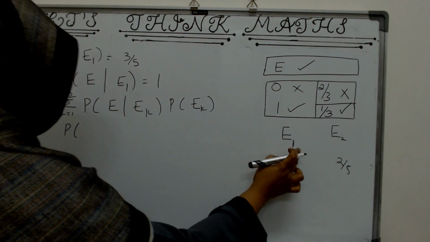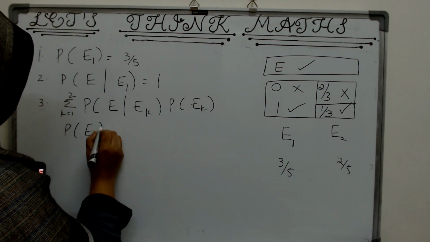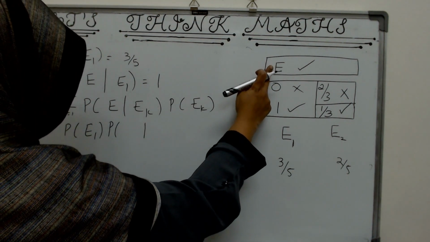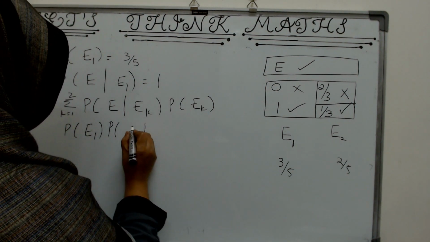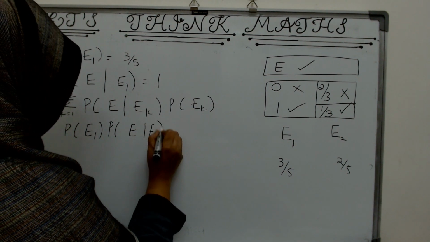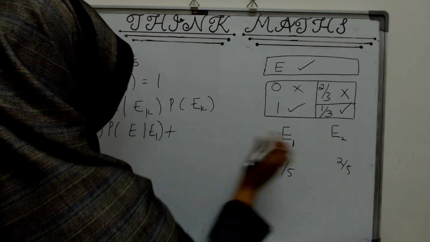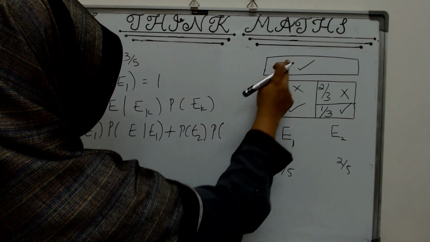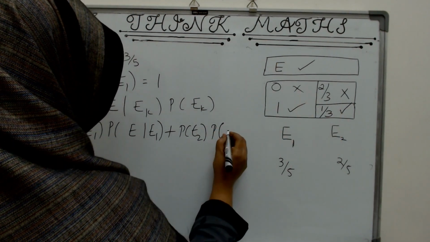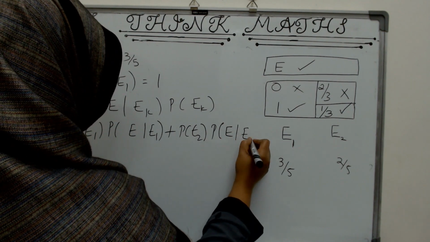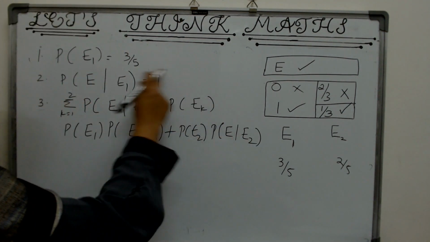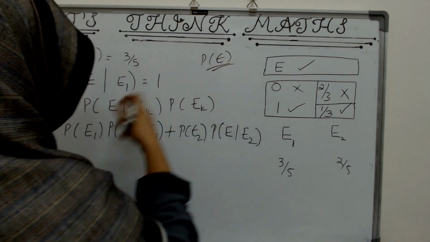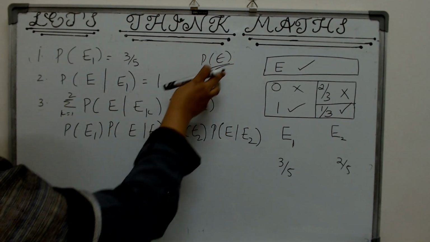The probability of E1 multiplied by the probability of E given E1, plus the probability of E2 into the probability of E given E2. Or in other words, this is actually the probability of E. Indirectly they are asking for the probability of E.